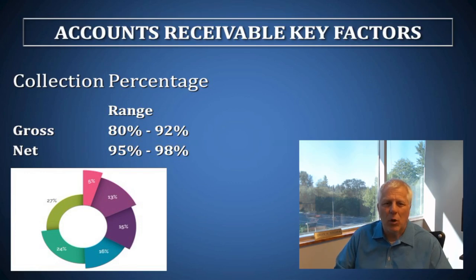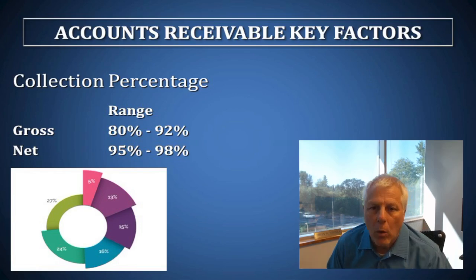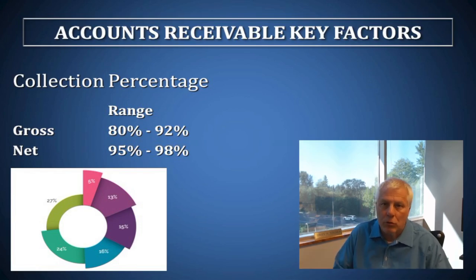So again, the gross is less of a critical factor than the net. The net is 95 to 98%. That is basically how much money you're collecting after your contractual PPO write-offs that you signed up for. So this is what you have control over. So what you send to collections, professional discounts, cash discounts, etc. 95 to 98%.